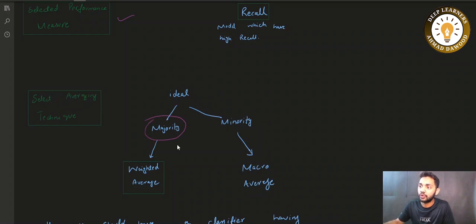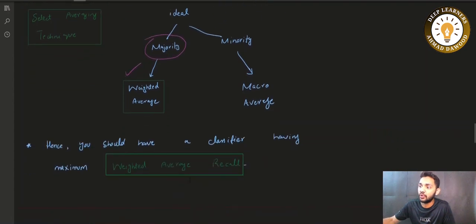So you have selected weighted average. Weighted average recall can be your best measure, and you know it's also equal to accuracy. You are getting the point that we are also using accuracy here, but the interpretation is different. The way of selection is different depending upon the scenario.